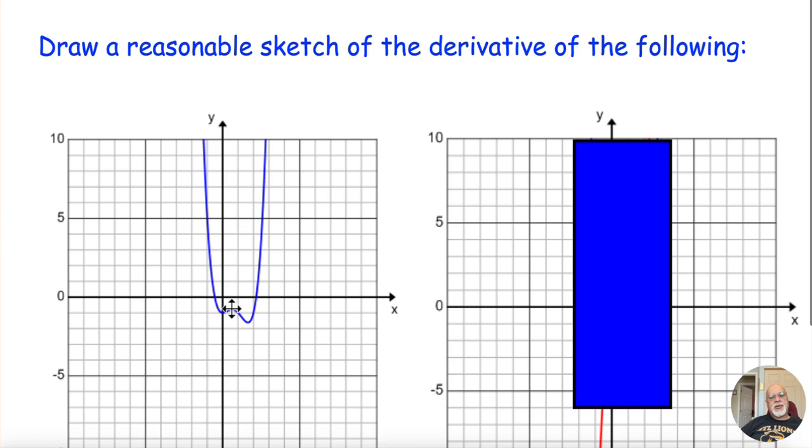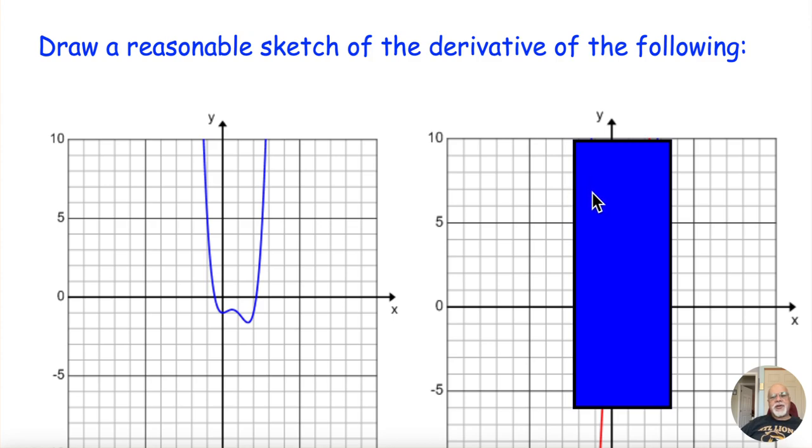I'll give you a hint. Those are horizontal tangents there. And so see if you can come up with a reasonable attempt at graphing its derivative. You might want to pause the video here and try it on your own. And when you come back, you can take a look at the answer.